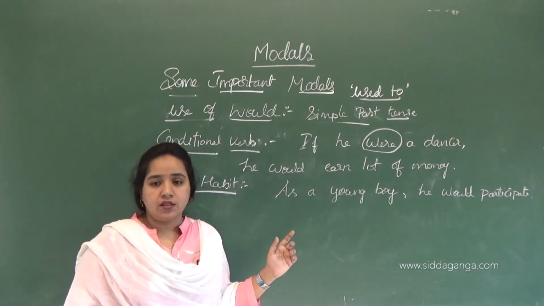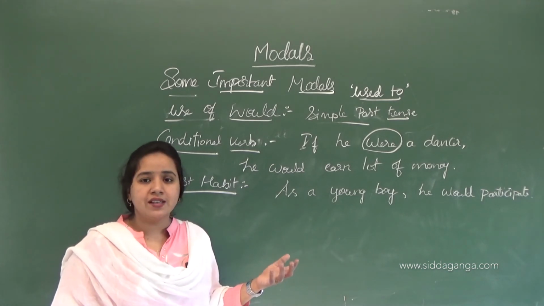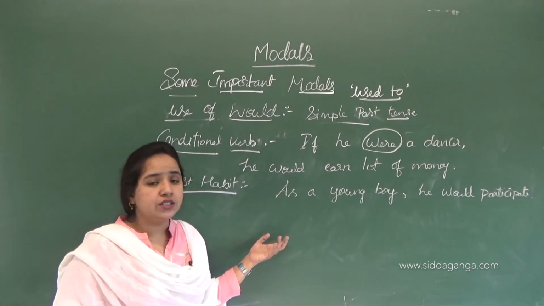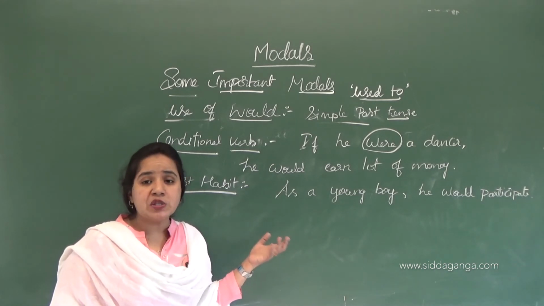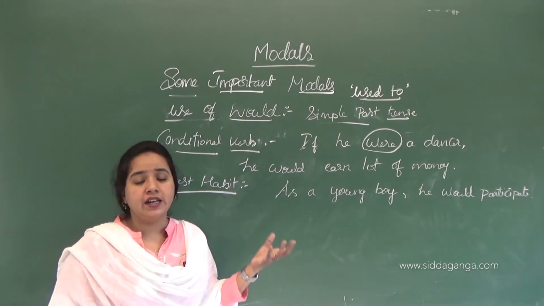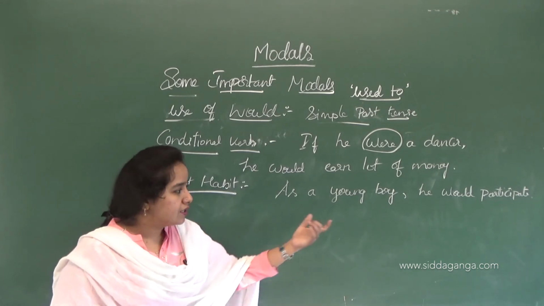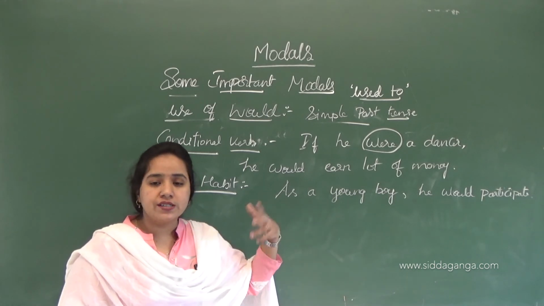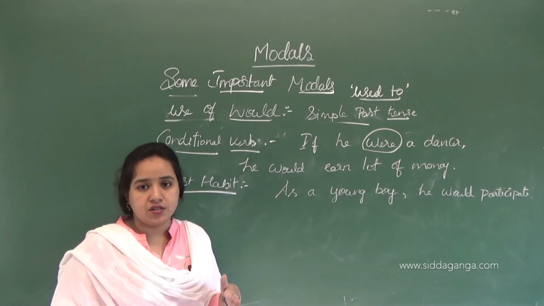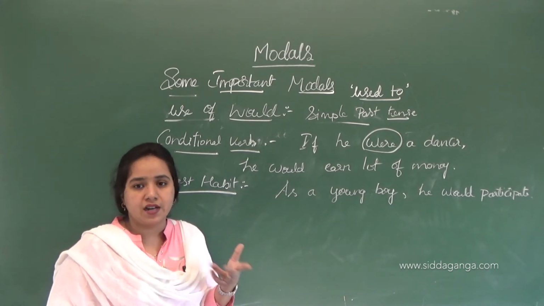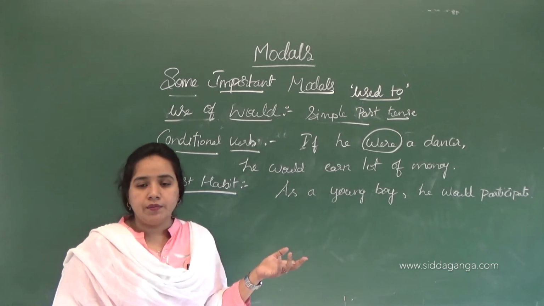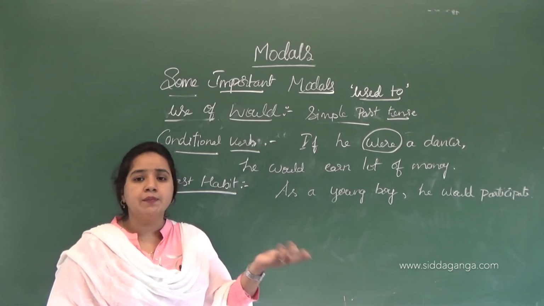As a young boy, that boy is young, why wouldn't he participate? It tells about a past tense, but you can use this would also, it suggests a past action. Okay, past habit or a past action. As a young boy, because that person is young, why wouldn't he participate?